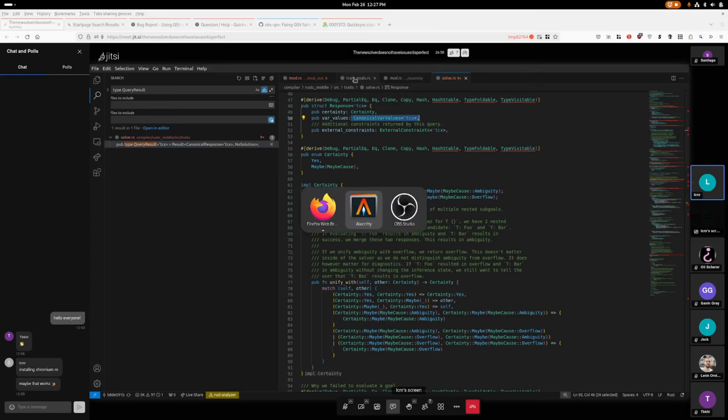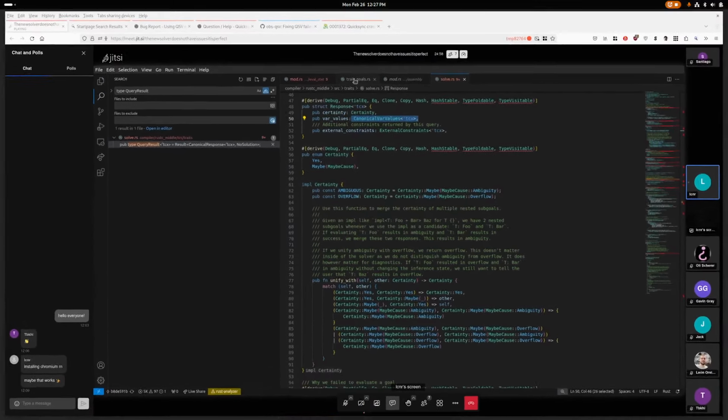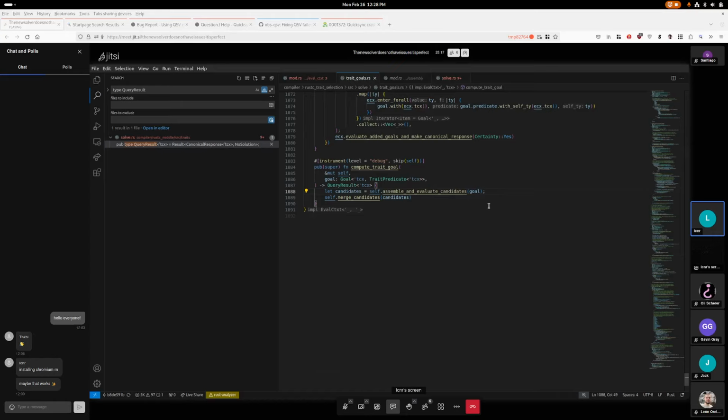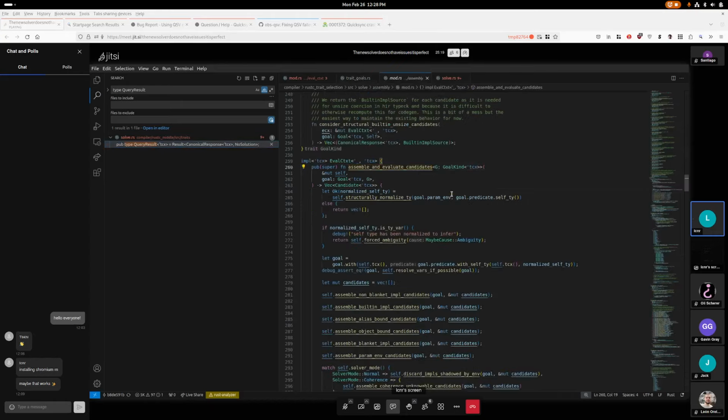So that's one of the biggest advantages of canonicalization, that we don't need this separate assembly and confirm step, which we have in the old solver, but during assembly we can already confirm. So it saves us some work and also makes the code a lot nicer. And yes, that's what we do.